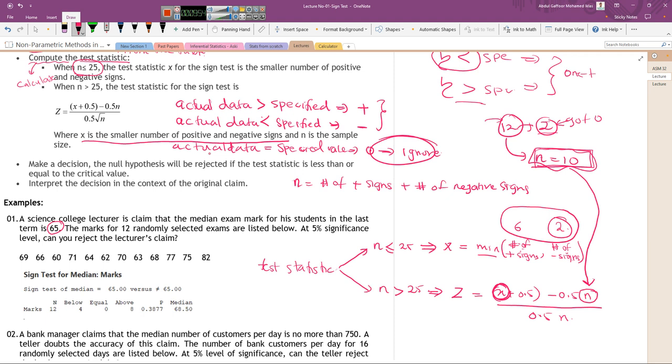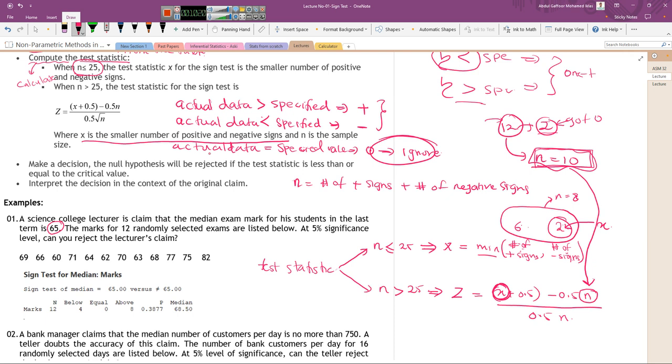For example, if I consider the number of positive signs as 6 and the number of negative signs as 2, now here n is equal to 8. Why? Because 6 plus 2. But our x will be this 2. I hope you can understand this. So in the equation we have two unknown values. x is the smallest number of positive or negative signs, and n is the sample size.